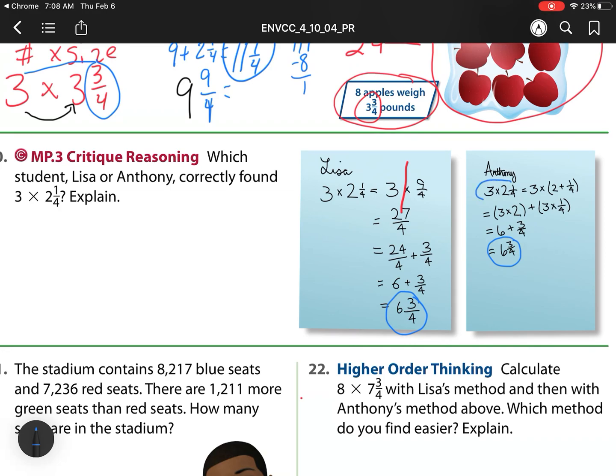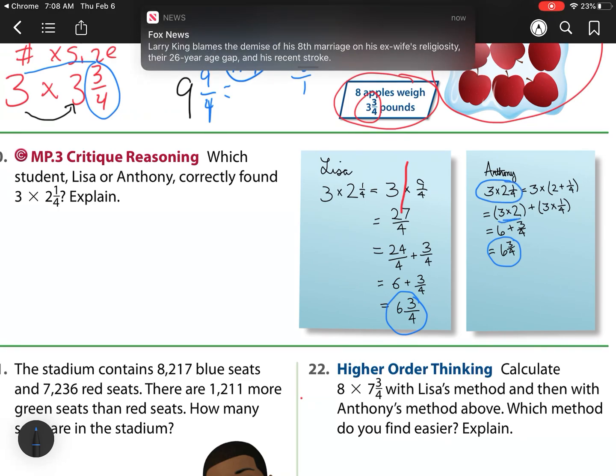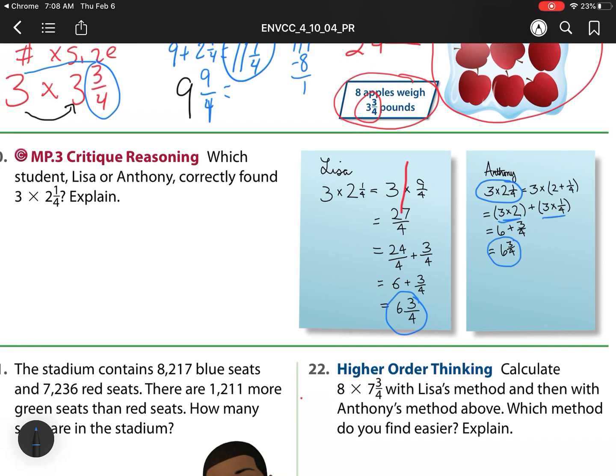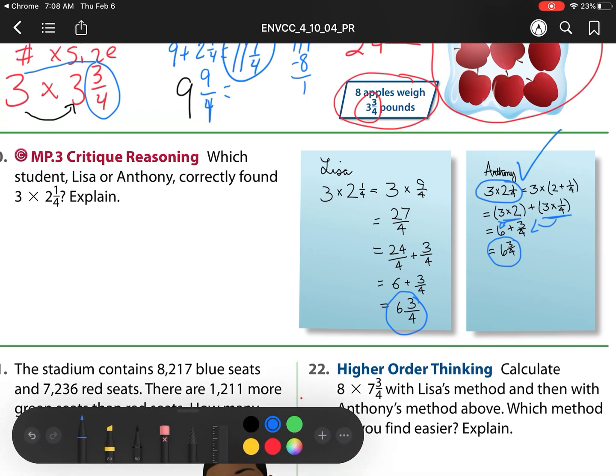So Anthony broke it up into 3 groups of 2 and 3 groups of 1/4, which is what we've been doing. And then we have that 3 times 2 is 6, 3 times 1/4 is 3/4. So Anthony looks like he's good. So let's see what Lisa did, because I see this 27 over here, and I'm not sure how she got that, so I'm going to do some thinking.